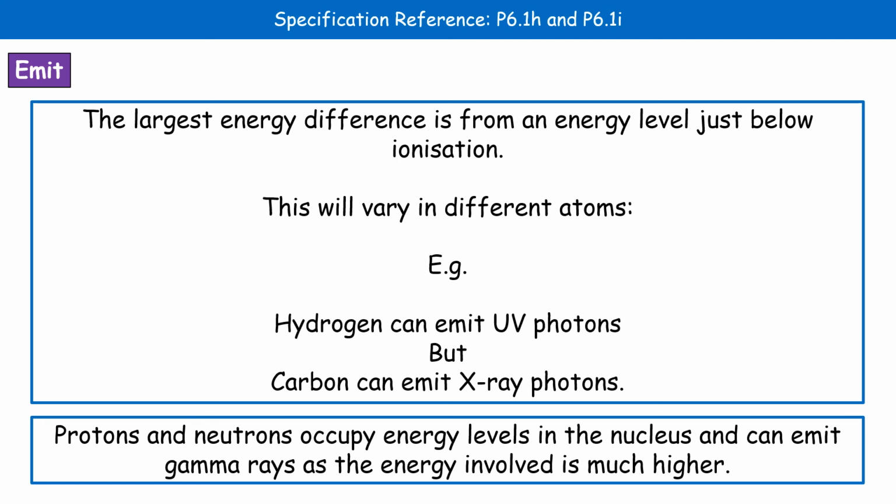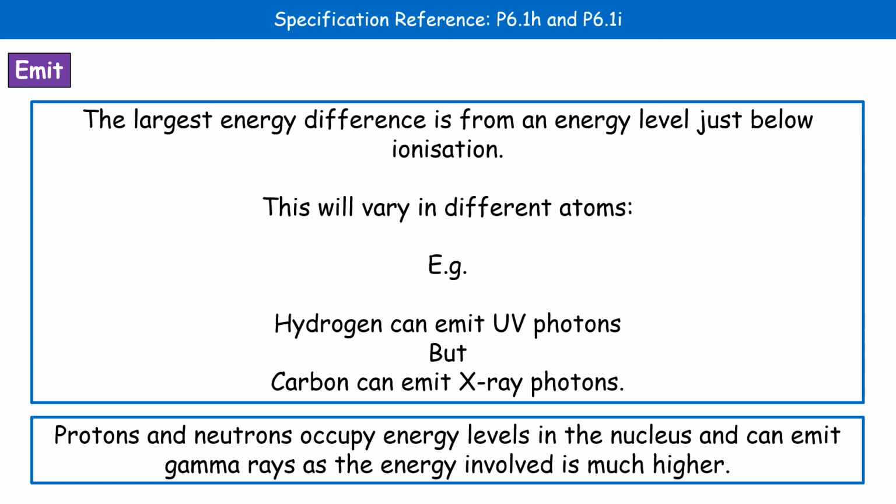So if we have a look at 2 examples here, hydrogen and carbon, then hydrogen can emit up to UV photons, but carbon can go further and emit X-ray photons. That's because carbon is larger, therefore it has a greater energy difference between, obviously, the maximum point and the lower energy level. Whereas hydrogen, much smaller, therefore only a smaller difference.